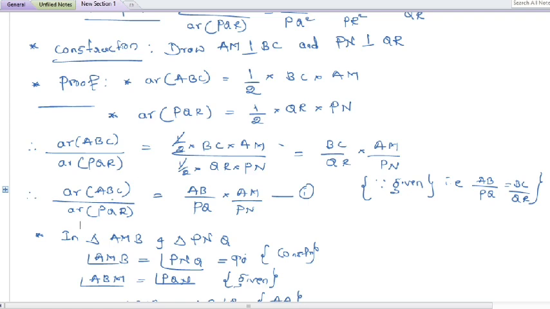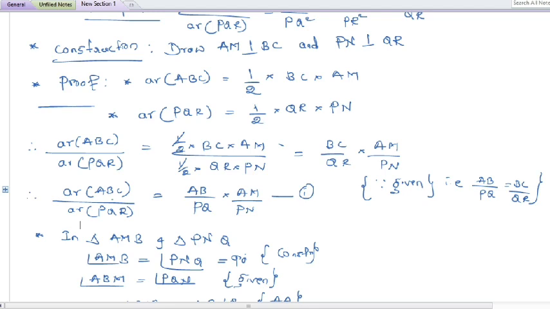We can write area of ABC is equal to half into base into height. In the first figure, for finding the area of ABC, it is half, base is BC, into height AM, and also area of PQR is equal to half into QR into PN. So take the ratio, area of ABC divided by area of PQR, this is equal to half into BC into AM, half into QR into PN, half gets cancelled.